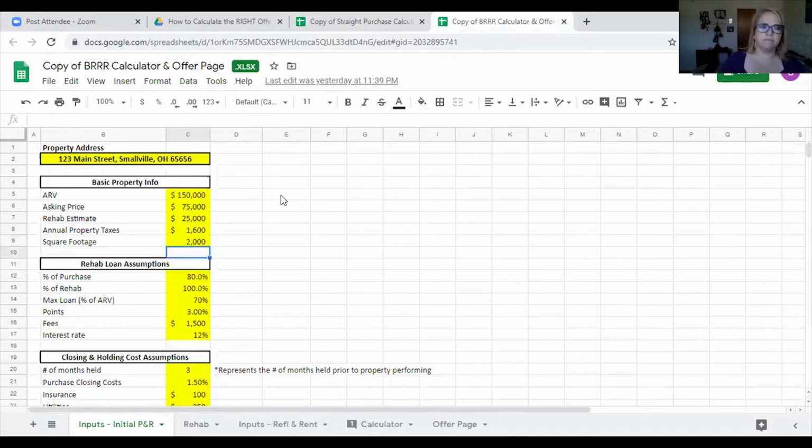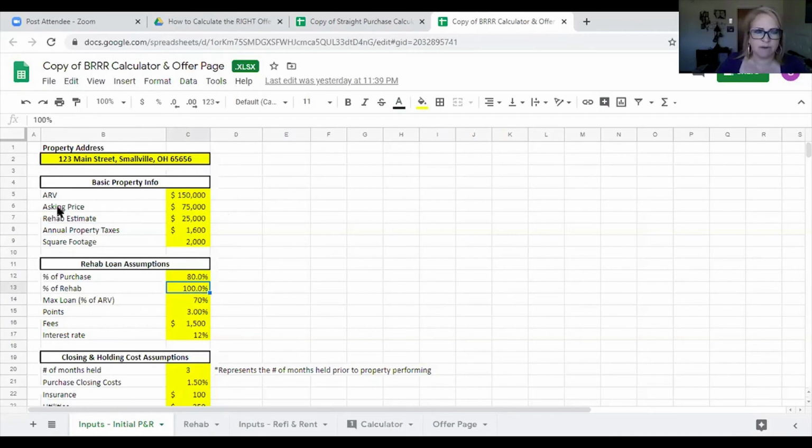The first thing I'm going to do, in order to figure out what my costs are going to be during the rehab, is figure out what my rehab loan is going to look like. So what I have here is the percentage of the purchase: 80% of purchase and 100% of rehab. When I'm calculating my loan amount with my hard money lender, I'm going to take 80% of the price.